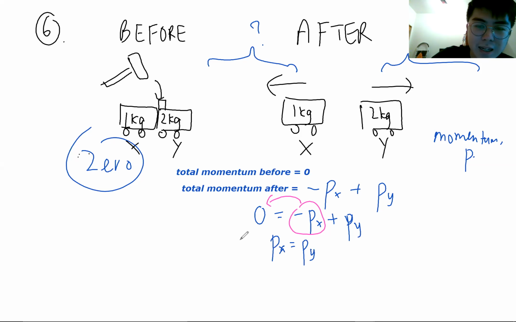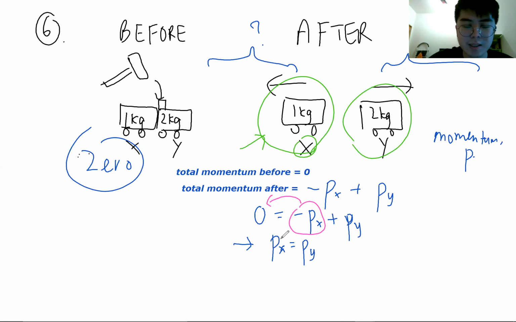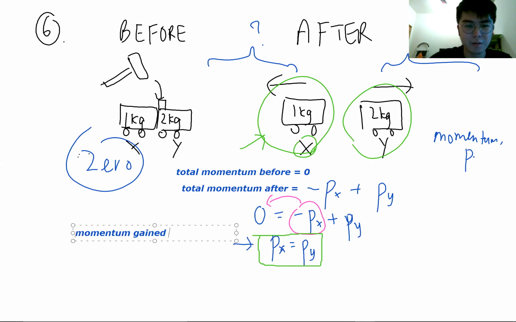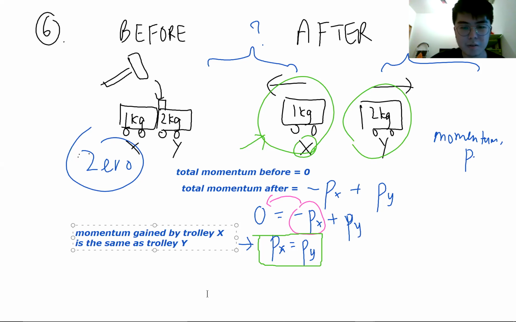Now, this line means that the momentum gained by trolley x is the same as the momentum gained by trolley y. Both momentum is the same.